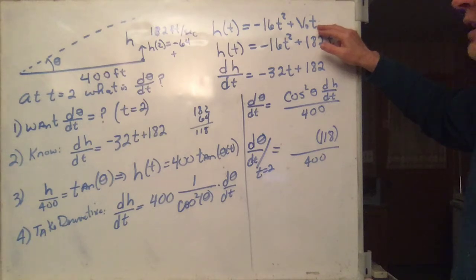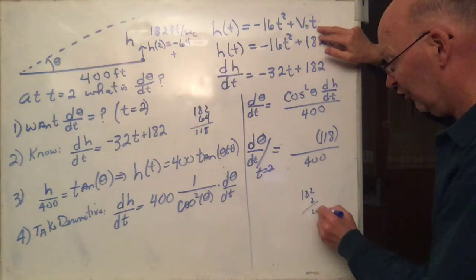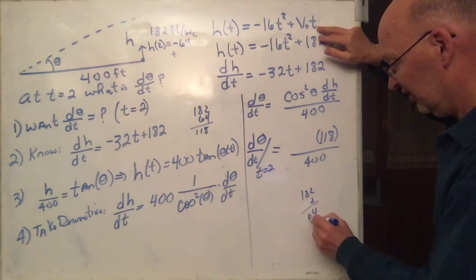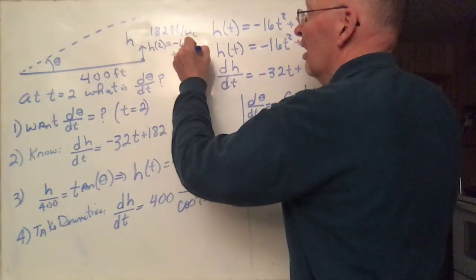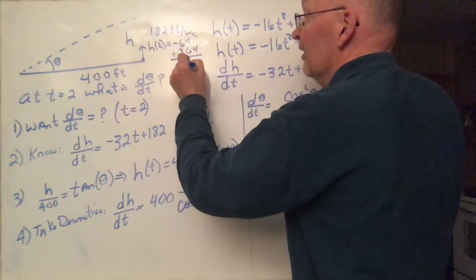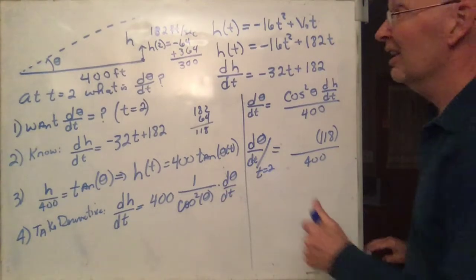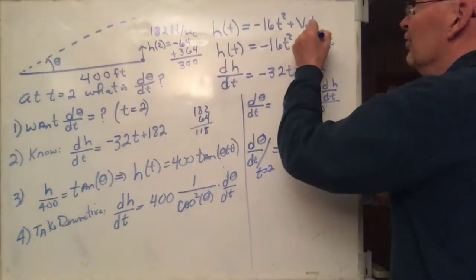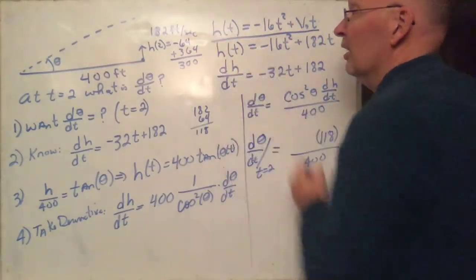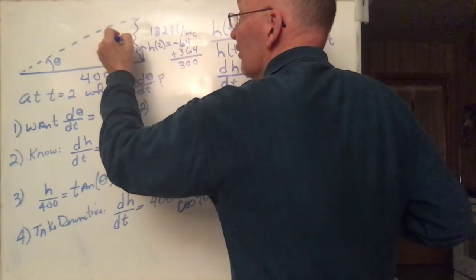And that's going to be 364. So you add those together and you get exactly 300. Oh, how nice is that? So it turns out that at time equal to 2, using this formula for h, this height is 300.